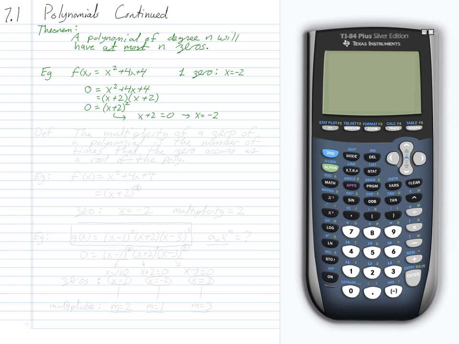Now, closely related to the idea of zeros is the idea of multiplicity. So every zero of a polynomial has a multiplicity associated with it. And just to formalize what that is, the multiplicity of a zero, and I should say the zero of a polynomial, is exactly the number of times that zero occurs as a root of the polynomial.